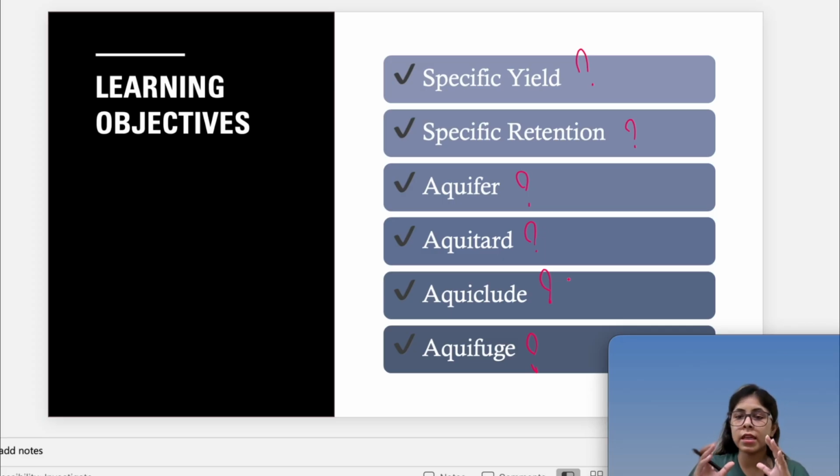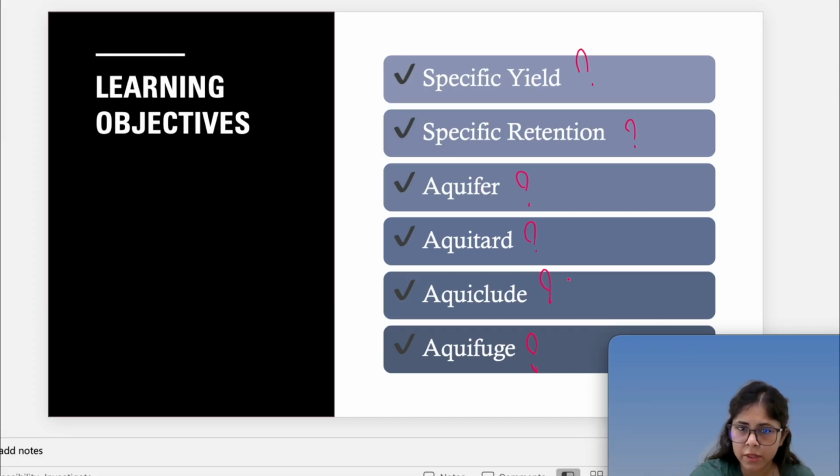So we will get a simple overall idea of the storage and management of water underground: how it is stored, how we can take it out, how much we can take out, and how much will be retained there depending on porosity or any other thing. What is an aquifer? I mean the storage of water inside the ground. So like this we'll be discussing today's topics.